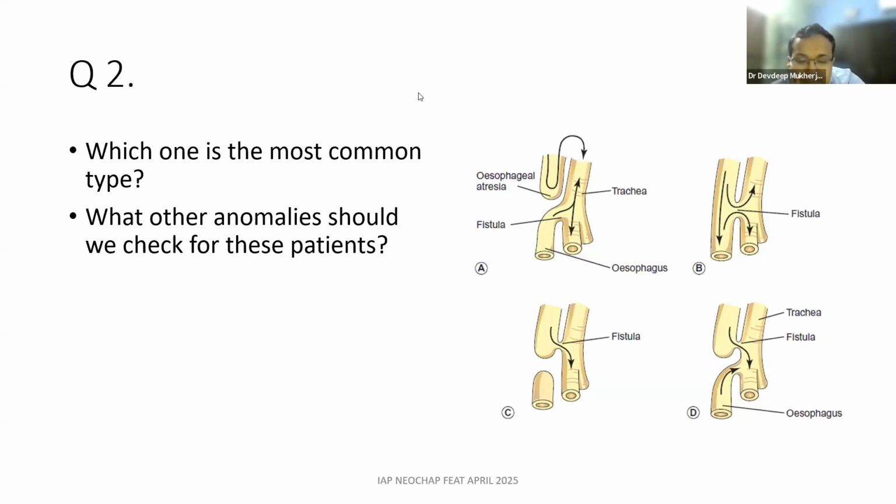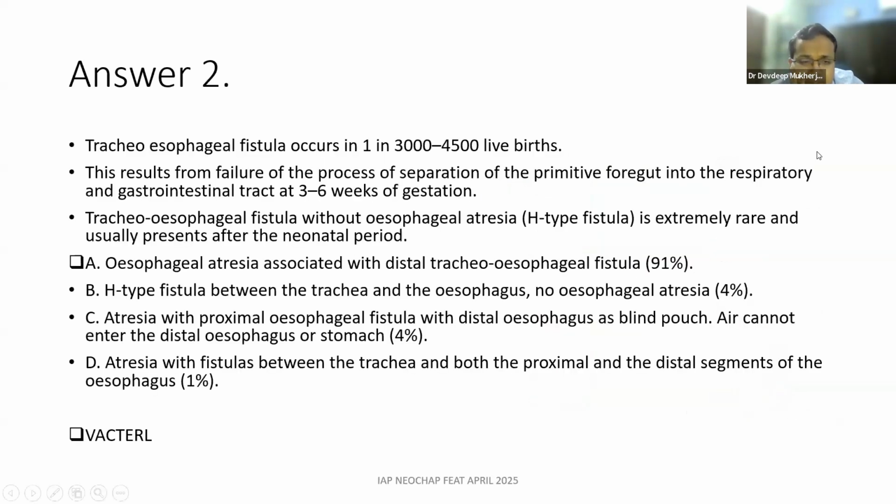Okay, so type A is most common. That's esophageal atresia with a distal tracheoesophageal fistula, not type C. The type A is around 91% and the rest are around 4 and 1%.